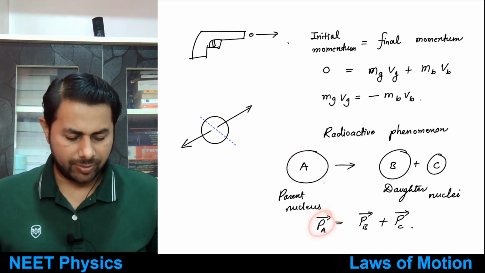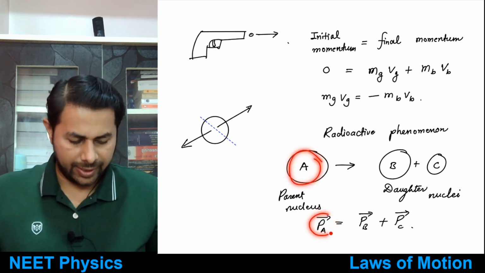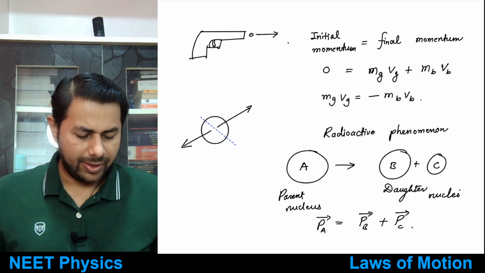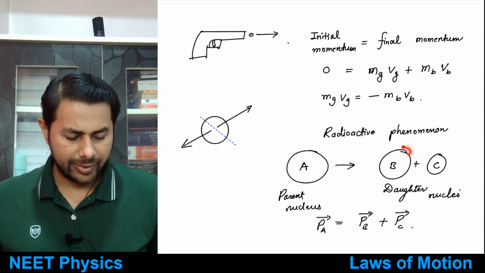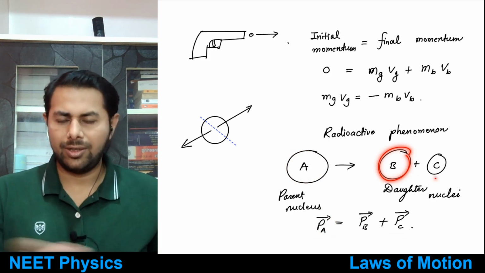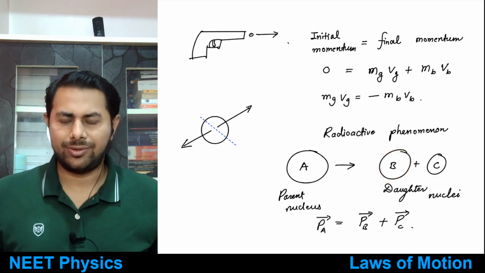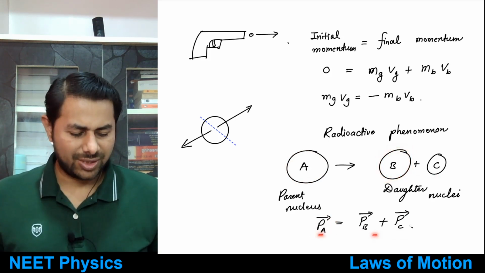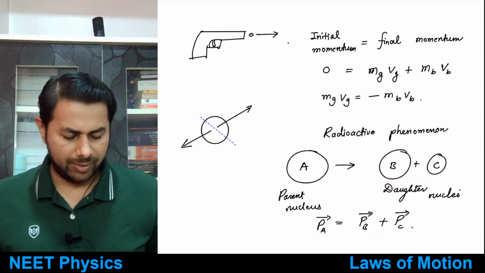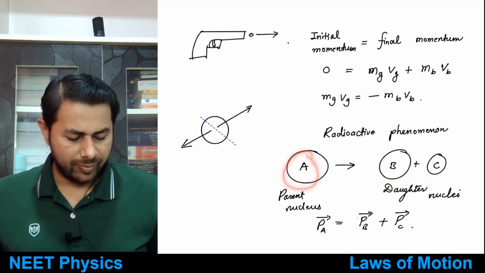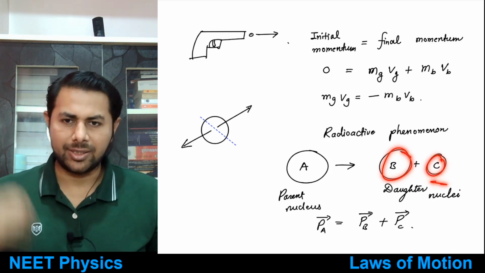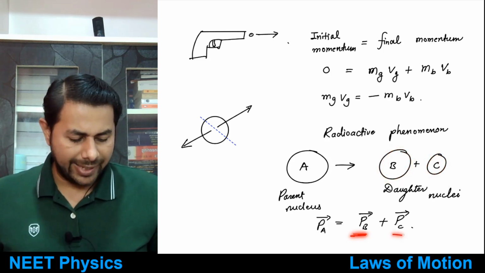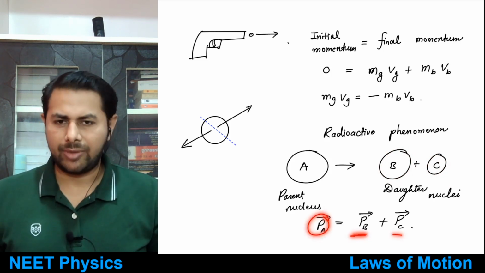So the initial momentum of this parent nucleus, Pa, is equal to the sum of the momenta of the daughter nucleus and whatever particle it throws out, right? So the sum of the momentum of those two. If the parent one is at rest, then the momentum of the daughter nucleus plus the momentum of the particle thrown out, if you add it up, the total momentum will be equal to 0.